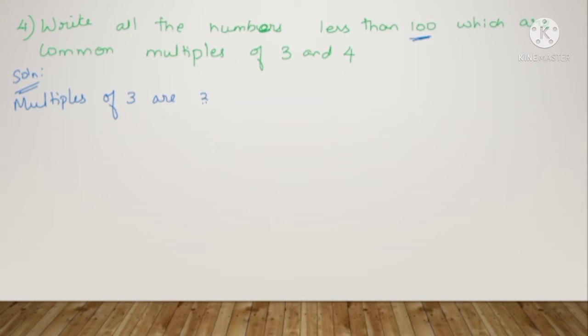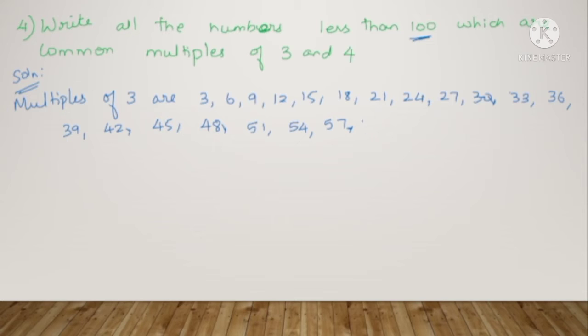Multiples of 3 are: 3 ones are 3, 3 twos are 6, 3 threes are 9, 12, 15, 18, 21, 24, 27, 30, 33, 36, 39, 42, 45, 48, 51, 54, 57, 60, 63, 66, 69, 72, 75, 78, 81, 84, 87, 90, 93, 96, 99.